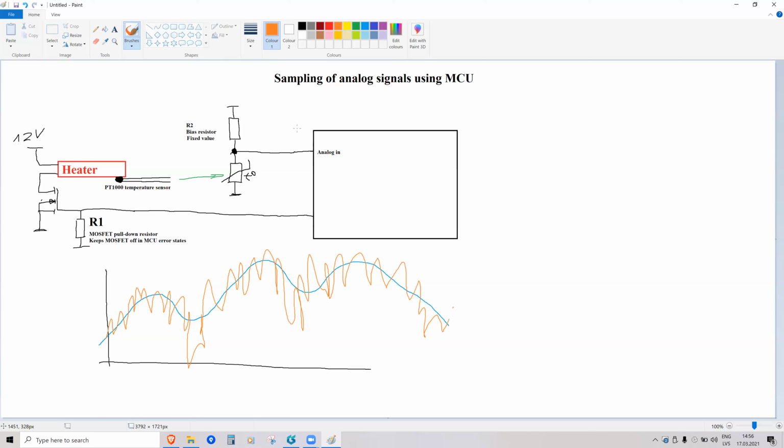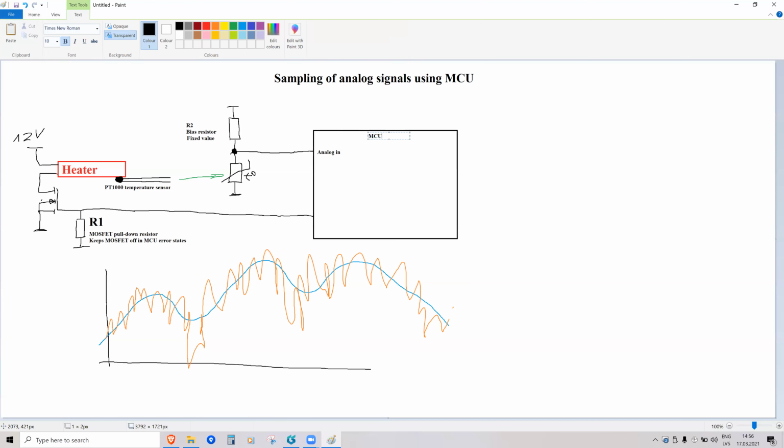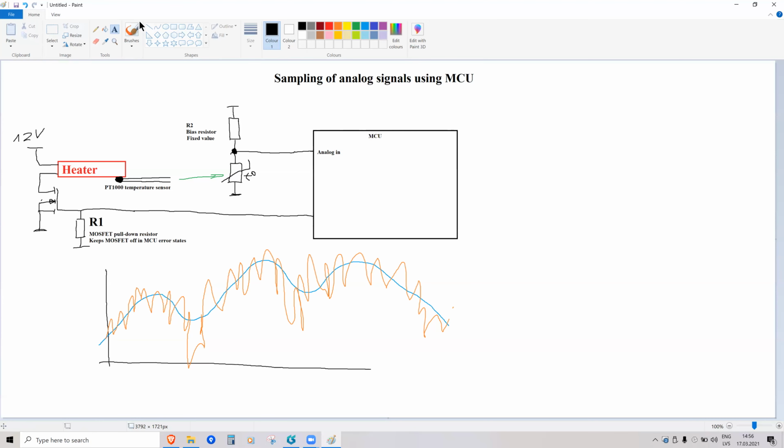And the problem is that if you're just sampling this analog signal at some speed, you can have a mistake in sampling. Let's say you turn on your microcontroller, MCU, and you tell it to sample the signal with some interval.